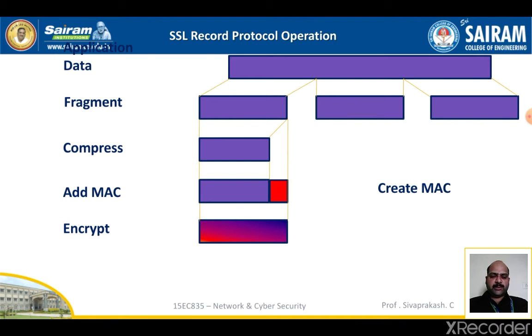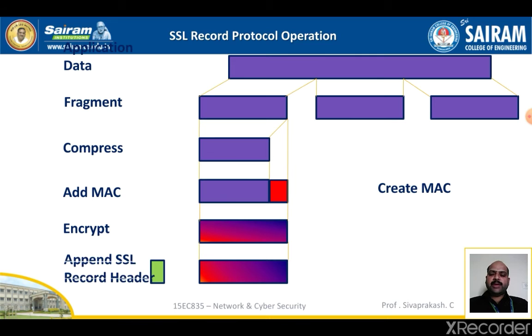A symmetric encryption process is done on the compressed data along with the MAC. The encrypted data, at the last stage, is appended with an SSL record header. The header is created and appended to the encrypted data, and now the data is ready for transmission. This is the SSL record protocol operation.